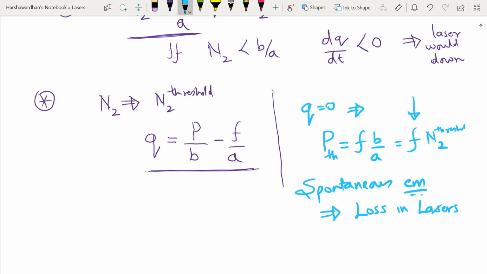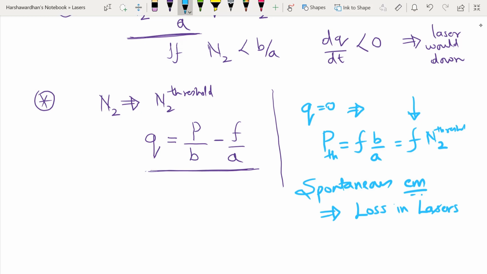Hence the existence of spontaneous emission is fundamental to the beginning, or the seeding, of the laser. Without spontaneous emission, the seed for the laser will not be present. So spontaneous emission in that sense is something that we need just a little bit, but not too much so as to overwhelm the system.